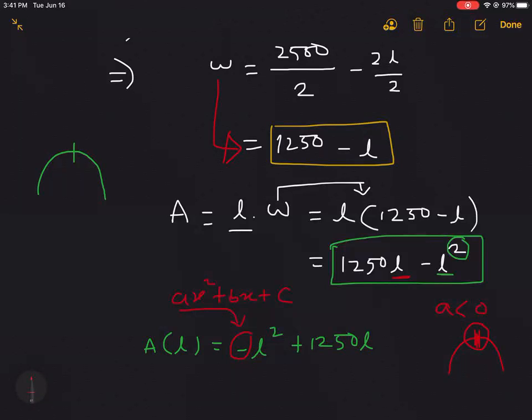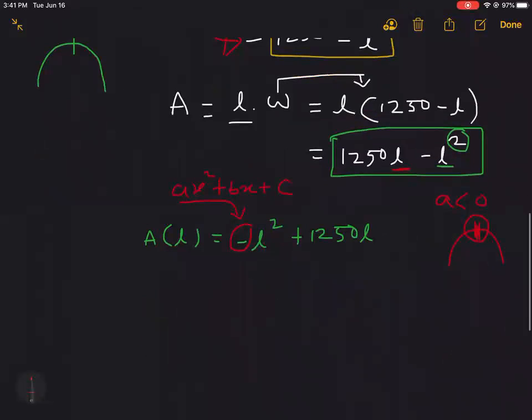If you remember from the last one, we define this point as the vertex. And fortunately, we know the formula for calculating the vertex, which is, if you don't remember, let me write it for you, negative b over 2a. Of course, a and b will come from this.